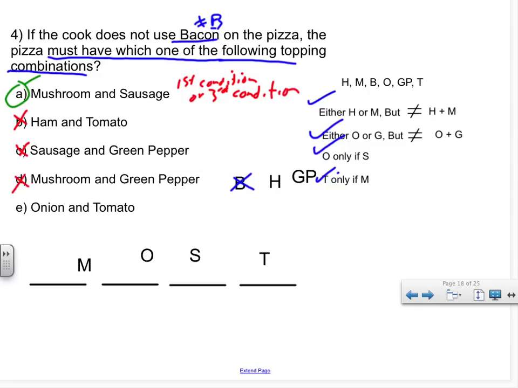And onion and tomato is the last one. So M, H, S, G, P. I know that I can't use H and M together. Let's try H. I can't have O and G together.